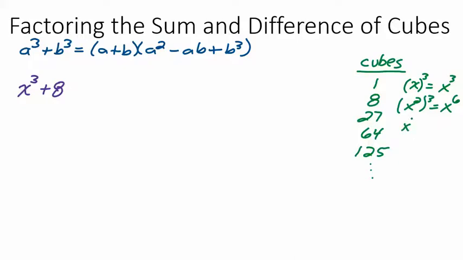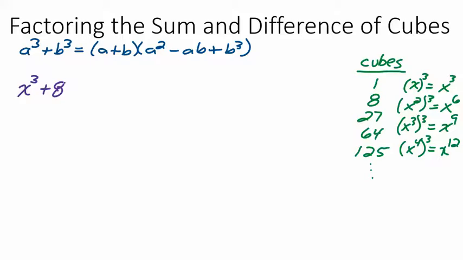What if we took x to the third and cubed that? Remember, you multiply the exponents here, so that's x to the ninth. x to the ninth is a perfect cube. Let's do one more and we'll look at the pattern. x to the fourth cubed, multiply those, we get x to the 12th. So as far as the variables go, if the exponent is a multiple of 3, that makes that variable expression, that variable product or factor, a perfect cube.